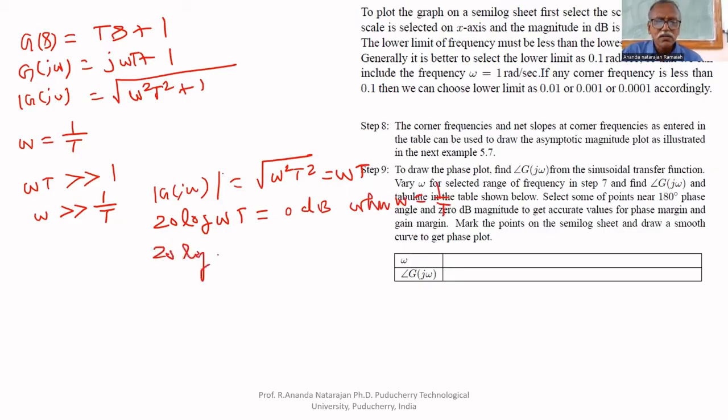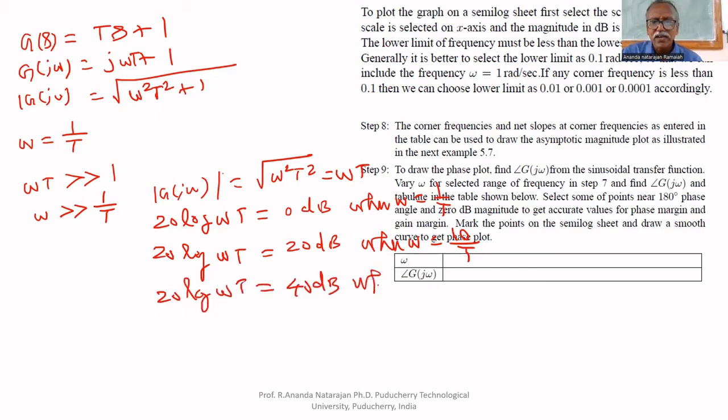When omega equal to 10 by tau, you will get 20 dB. When omega equal to 100 by tau, 20 log omega tau equals 40 dB. So it increases at the rate of 20 dB per decade.